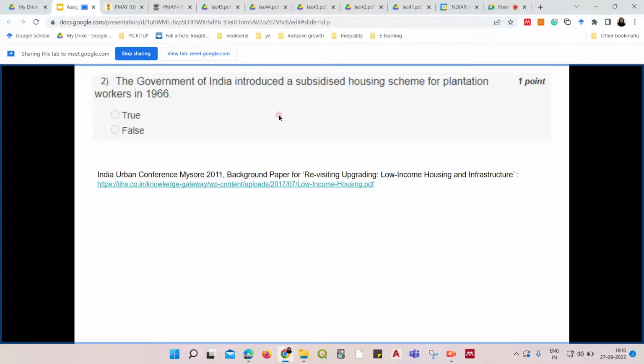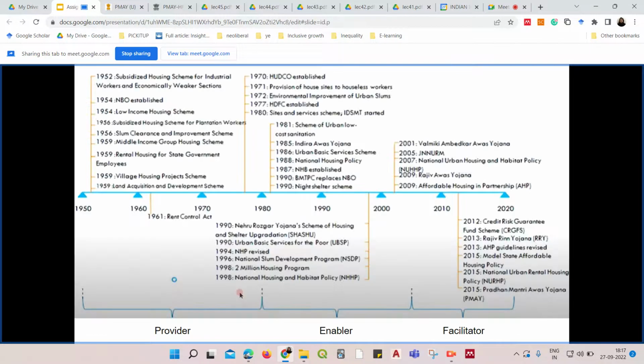You can search this, and then you need to pay attention to the year. You would have studied the history of housing, various affordable housing interventions or different housing schemes throughout India, and this is the larger timeline which you would have studied.